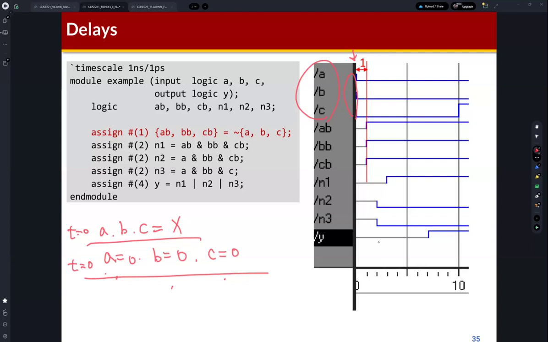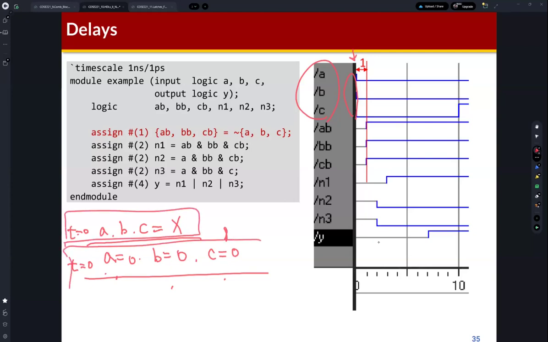If we just consider the time scale, then at time 0, ABC is X, and then at time 0, ABC will be 0, right? But in SystemVerilog, there is a very small time gap between these two events.